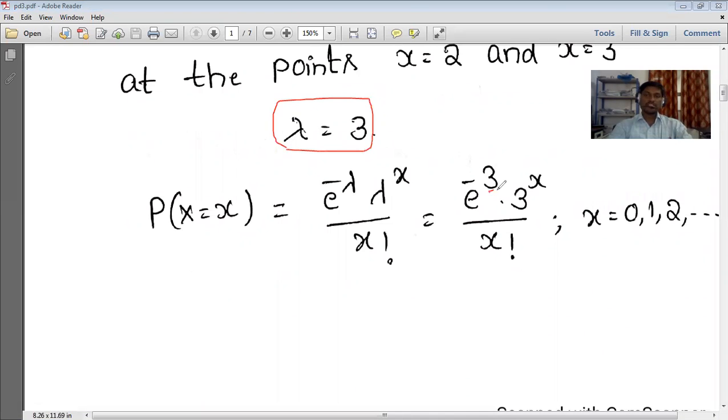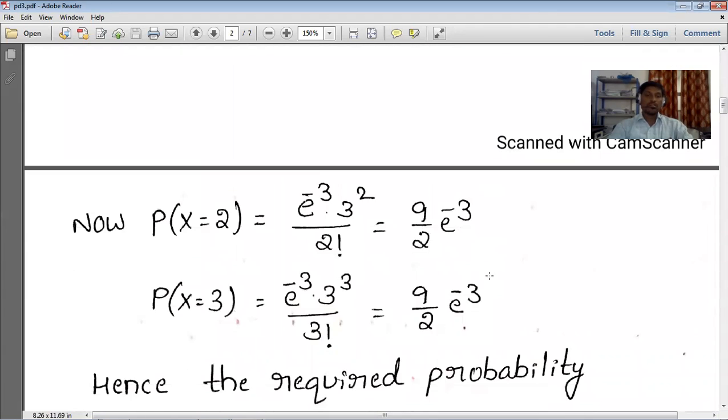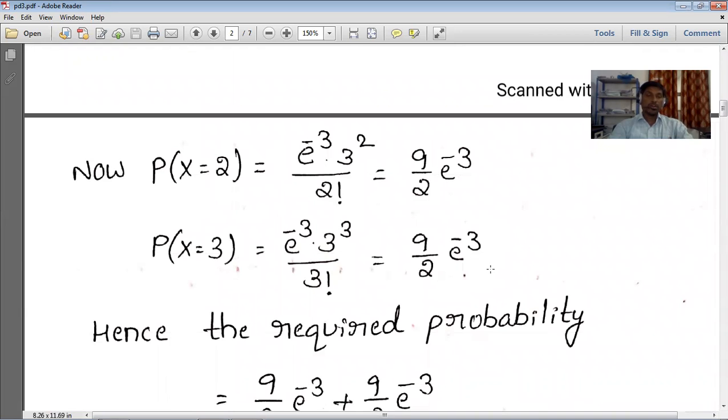So here is lambda, and here also lambda, so in this place also we substituted 3. So 3 power x by x factorial, where x is equal to 0, 1, 2 and so on, and lambda is obviously greater than 0.